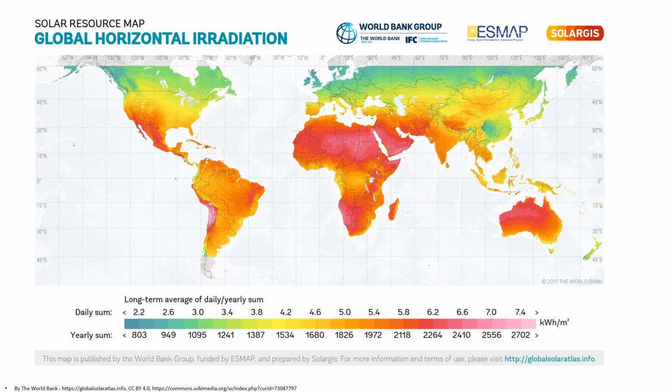Here is a map that represents the solar resource available for power generation. It represents the average daily, yearly sum of global horizontal radiation, that is GHI. The places near or at the equator receive most of the solar radiance.